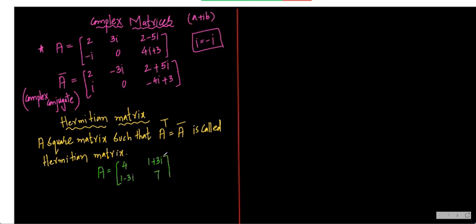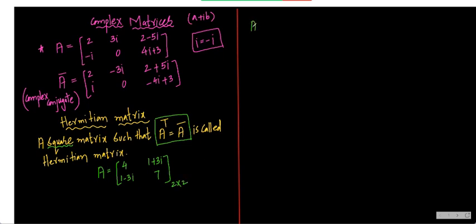Just an example. Now we have to check this condition. If this condition is satisfied, we can say that A is Hermitian. The must condition is that the given matrix should be a square matrix, meaning 2 rows and 2 columns. Let us start our work.